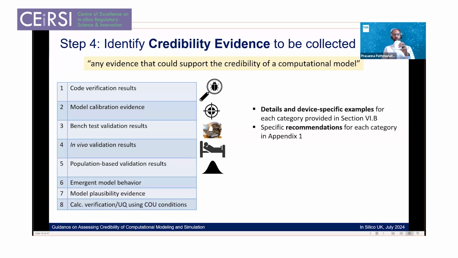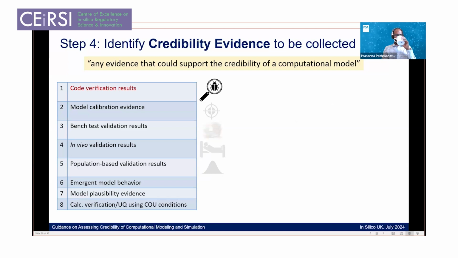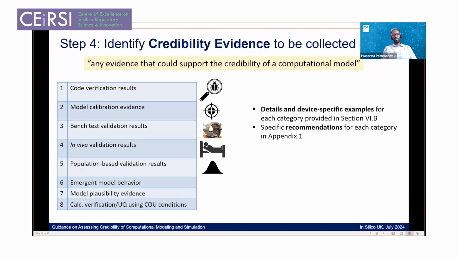Typically, verification and validation results, but we provide a categorization that breaks that down a little bit more, and also provide some cases that are not strictly verification and validation, but could still support overall trust in a model. So we have this categorization that is not intended to be comprehensive.